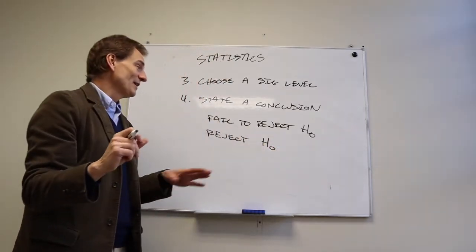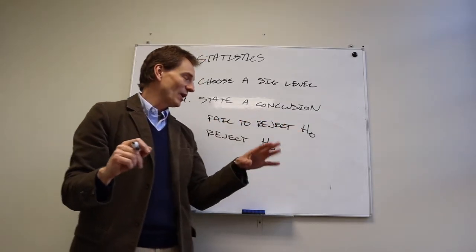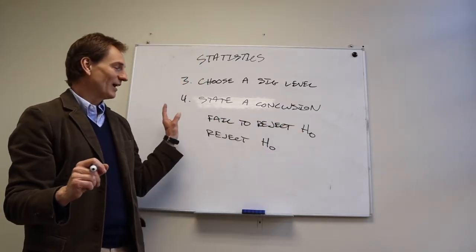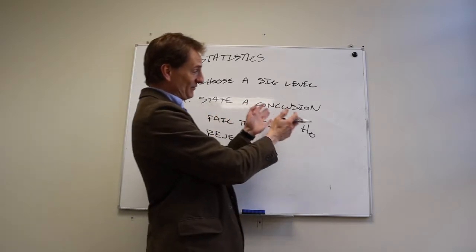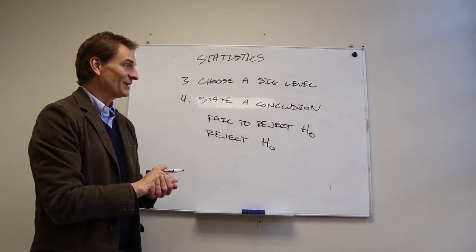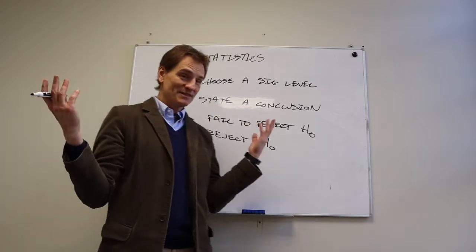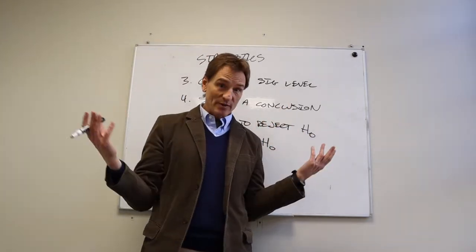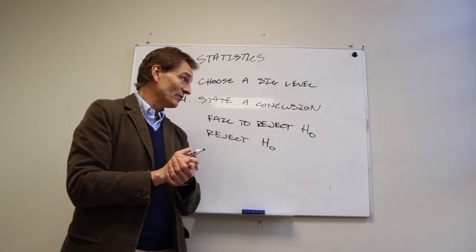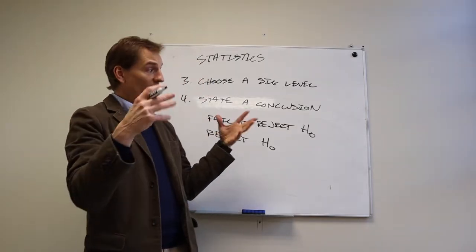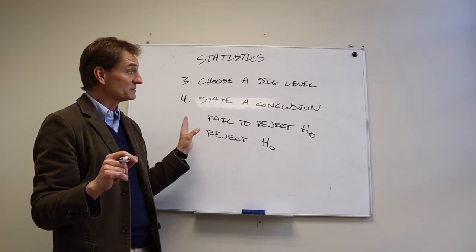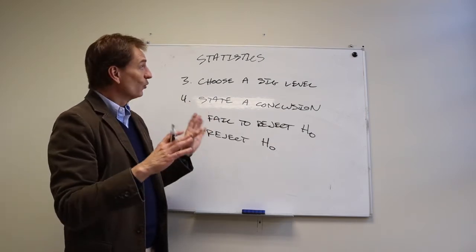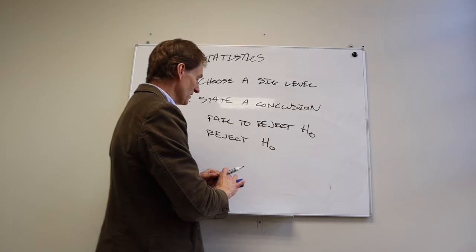We never fail to reject the alternative hypothesis or reject the alternative hypothesis. We're always laser focused on that null hypothesis, because the null hypothesis says that there is no impact of our independent variable, and we want there to be an impact, and so we want to be able to reject the null hypothesis.